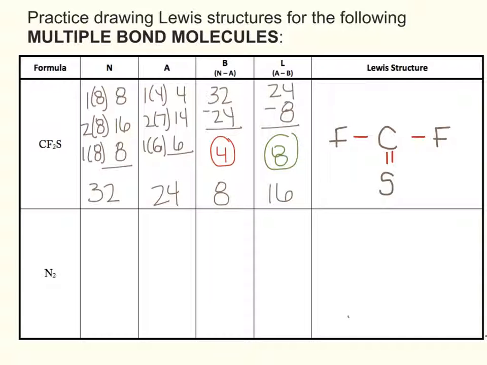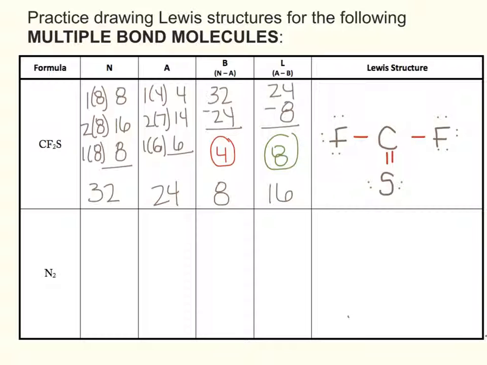Now we're going to complete the octets. Looking at fluorine, it has 2 available in the bond, so if we give it 3 lone pairs, it will be stable, and we'll do the same thing for this fluorine atom. Looking at sulfur, we see that it has 2 bonds, so it already has 4 electrons present, so sulfur needs 2 more for stability.